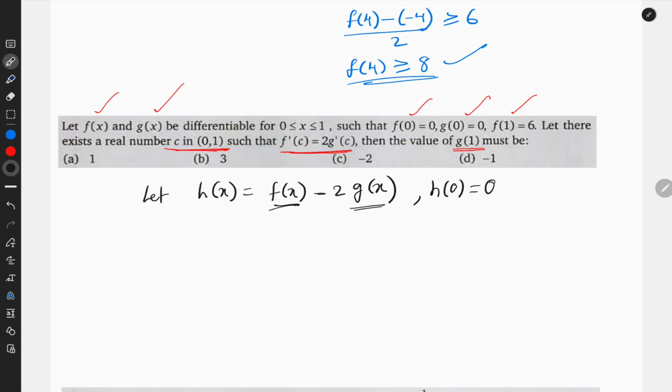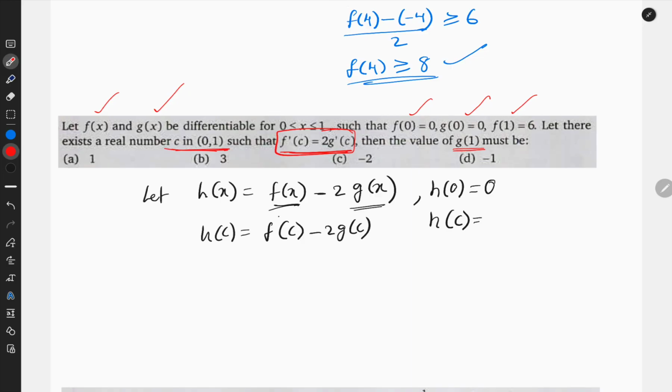And also h of c, let us talk about h of c. h of c is equal to f of c minus 2g of c.